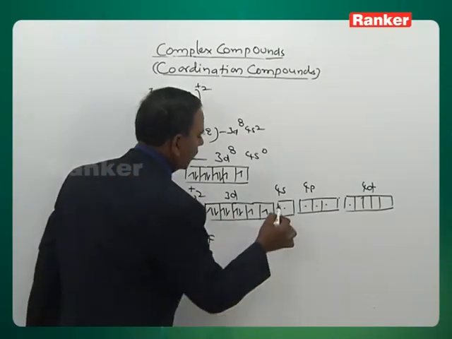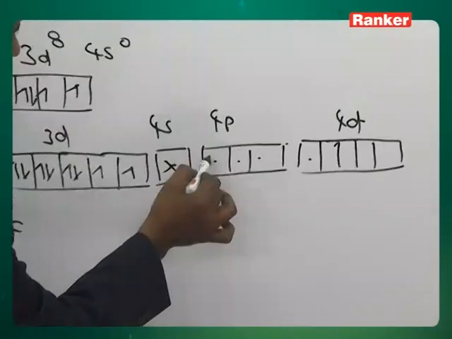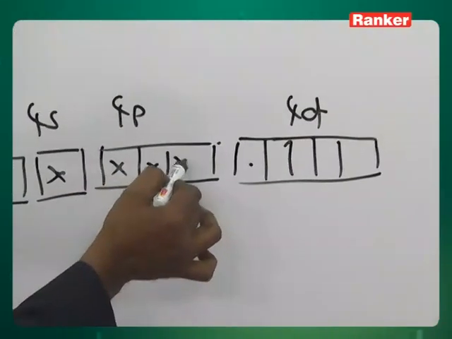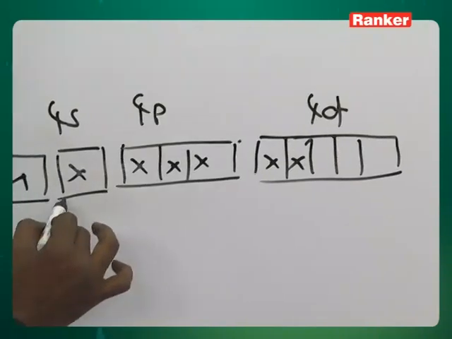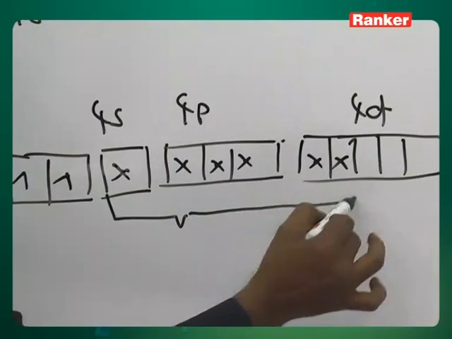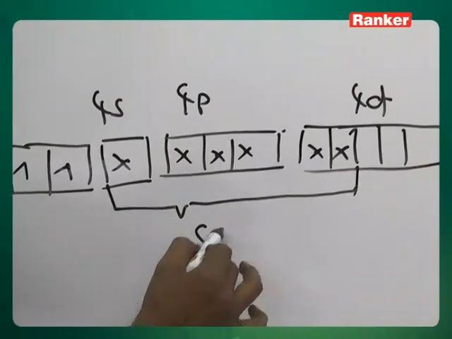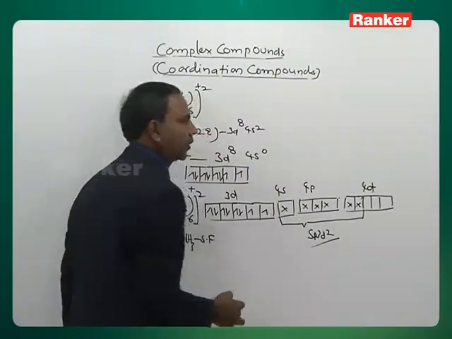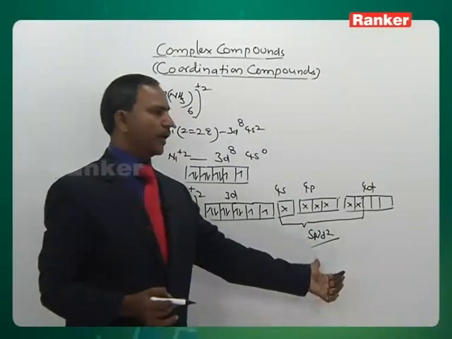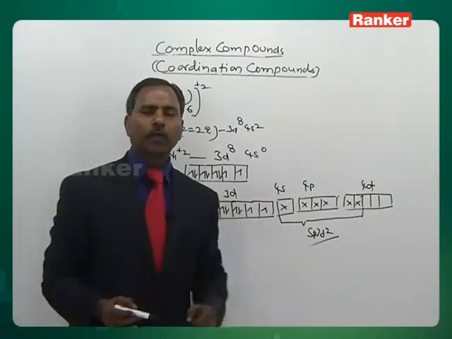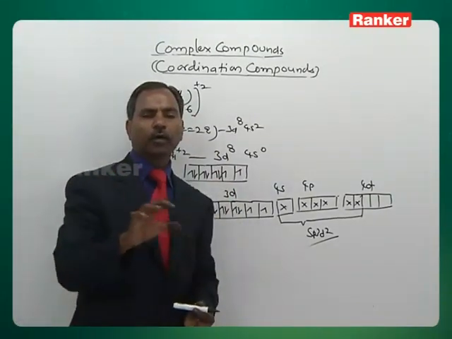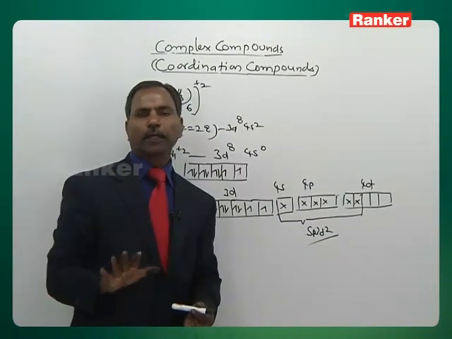You get an outer orbital complex, using 1, 2, 3, 4, 5, 6 orbitals. Then the hybridization you get is sp3d2. Because if the electrons were paired, only 1 orbital would become vacant, which is not enough for hybridization or bonding.